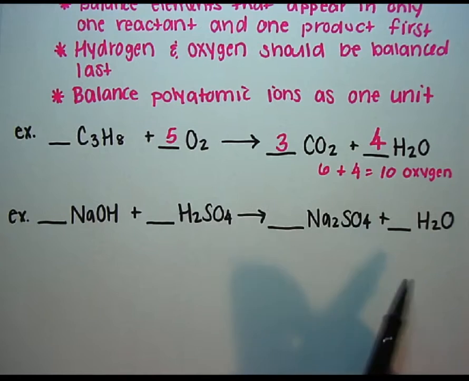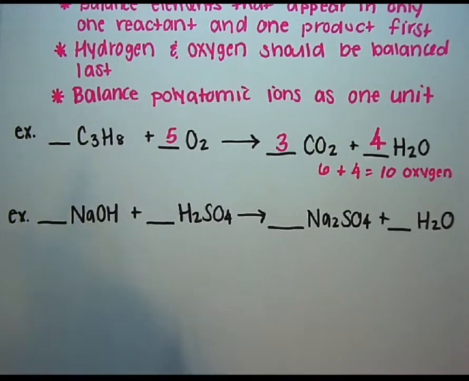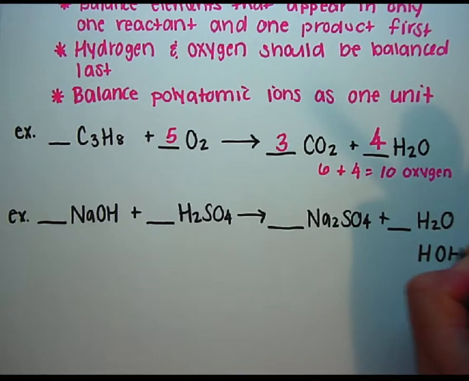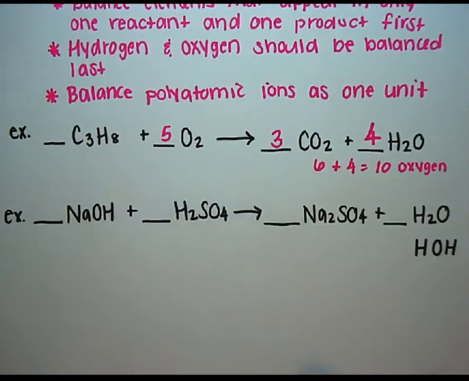My suggestion when you have a reaction like this, an acid-base reaction: you have hydroxide on the left and water on the right. We can rewrite this as HOH, and I'll show you why that's going to help you in just a second.